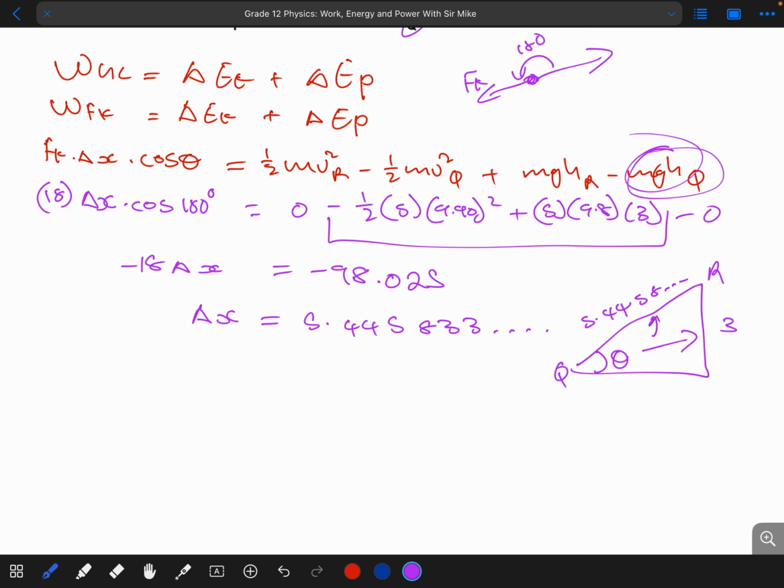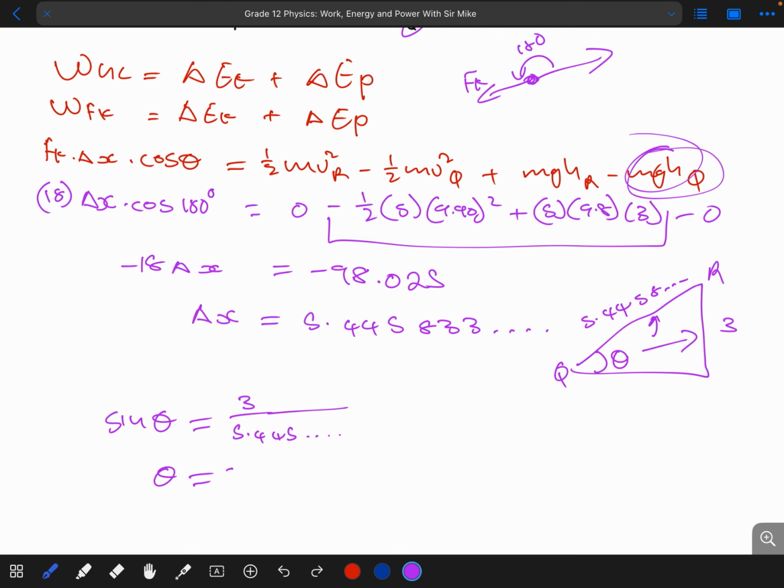So sine of theta would simply be equal to the opposite divided by the hypotenuse, which is 5.4458 and so on and so forth, right? So to find theta, you would say shift sine, and you would put this ratio that you have there.